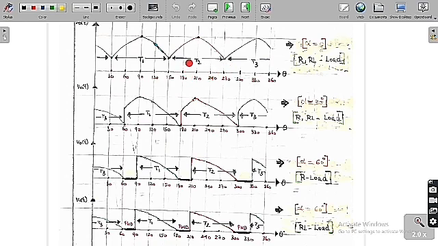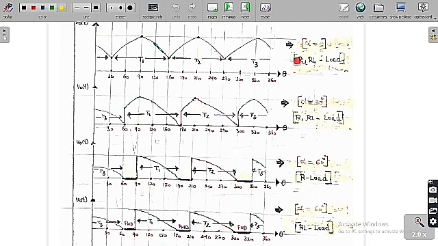T1 is on for 30 to 150, T2 is on for 150 to 270 and T3 is on for 270 to 390. When T1 is on, V0 is equal to Van. When T2 is on, V0 is equal to Vbn. And when T3 is on, V0 is equal to Vcn. So they are going to follow these phase voltages.